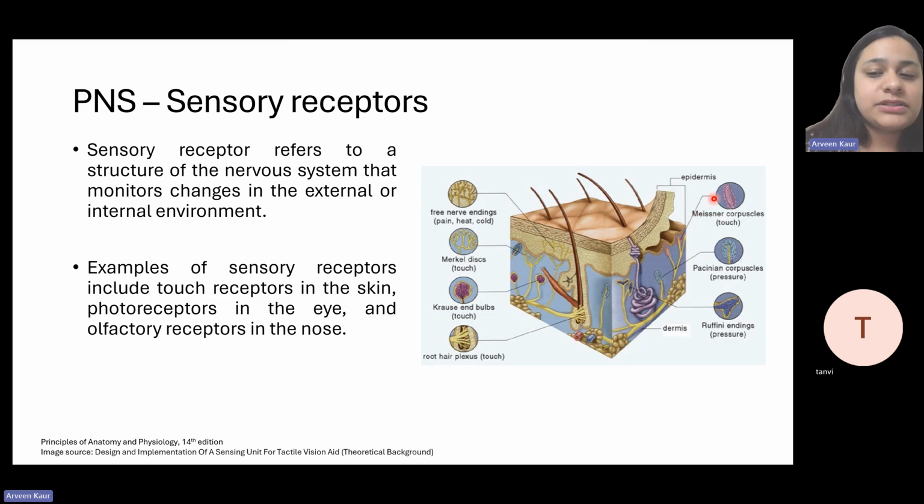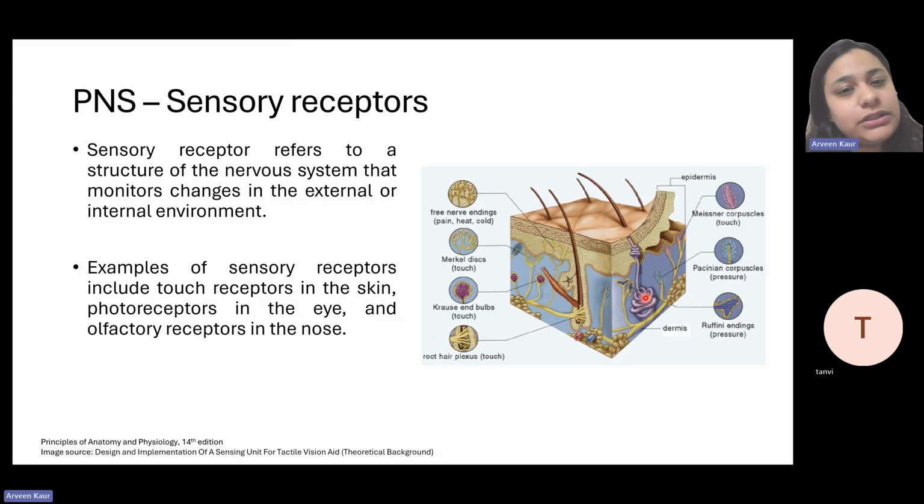Meissner corpuscles are also responsible for touch sensation. Then Pacinian corpuscles, which are responsible for pressure sensation. For instance, if I pinch my hand, it is applying some kind of pressure, right? That kind of thing is sensed by the Pacinian corpuscles, and then the Ruffini endings also sense pressure.